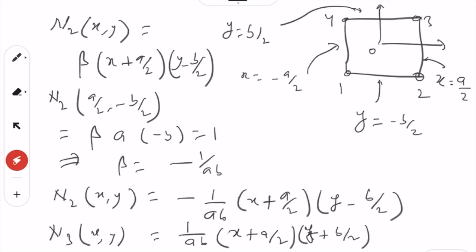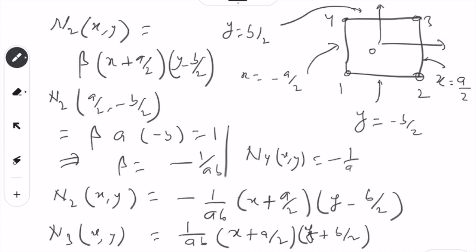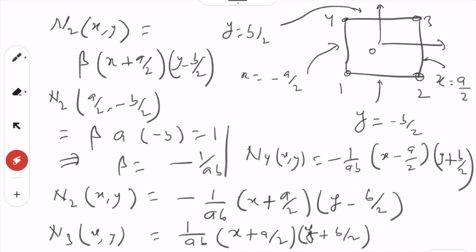So let us write N4 here. We can find N4(x,y), which will look something like this one, but this will be plus, this will be minus. So minus 1 over ab times (x minus a over 2) multiplied by (y plus b over 2). You can check it. If x equal to a over 2, this becomes 0, so N4 becomes 0 on this line.